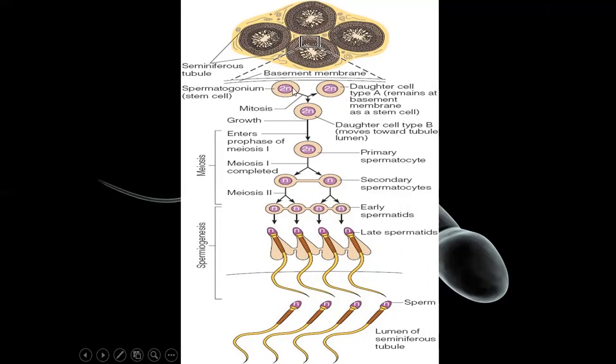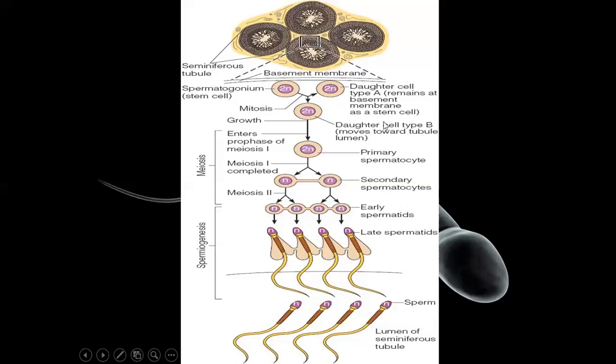Your type A daughter cell will remain in the seminiferous tubules and replenish whatever spermatogonia have developed into mature sperm, so that you have a constant supply of sperm.